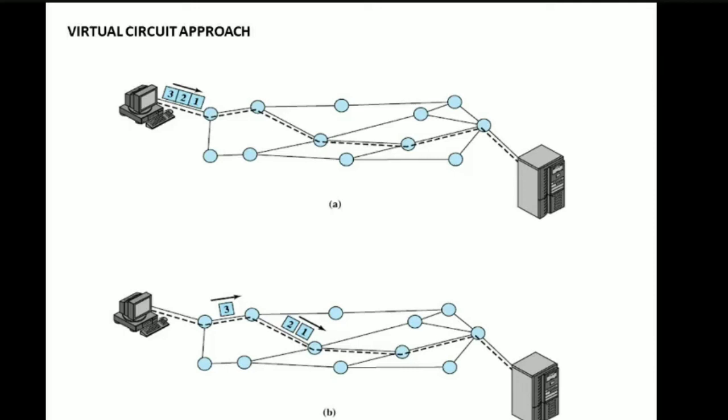Okay, so the main characteristic of the virtual circuit technique is that the route between the stations is established prior to data transfer. Don't think that this is a dedicated path as in circuit switching. In circuit switching we have a dedicated path, but this is not a dedicated path.